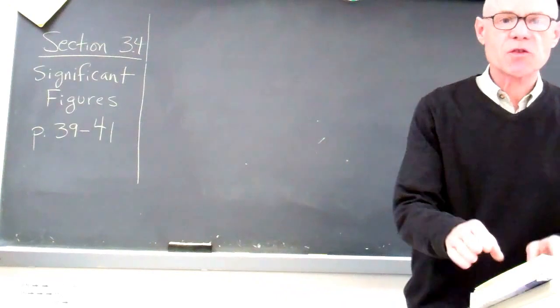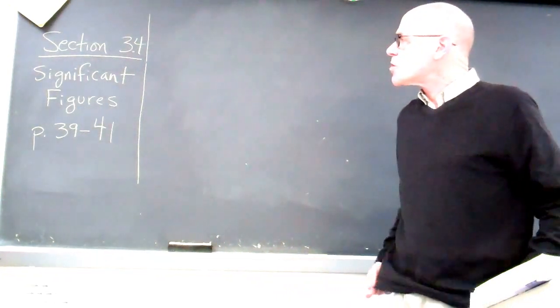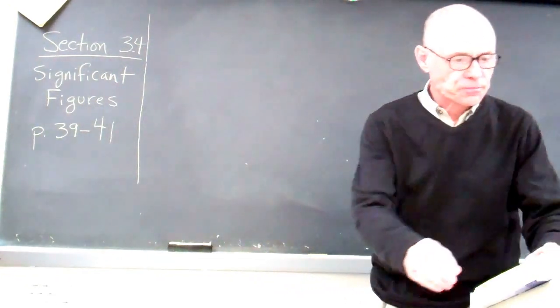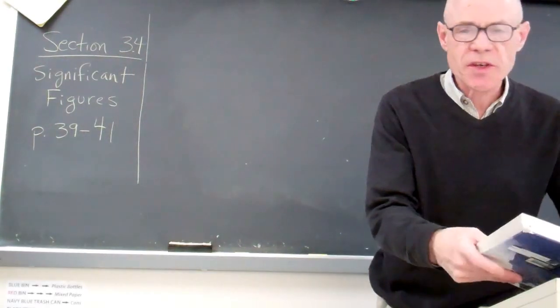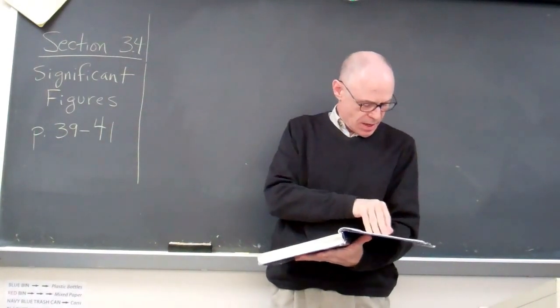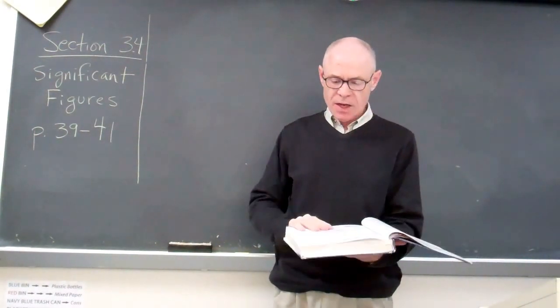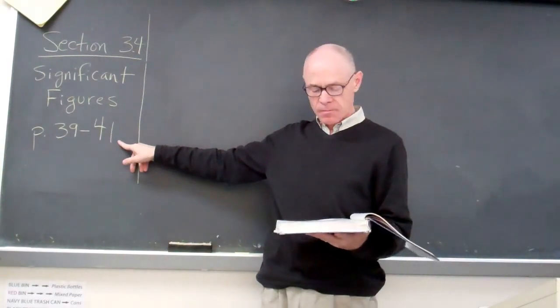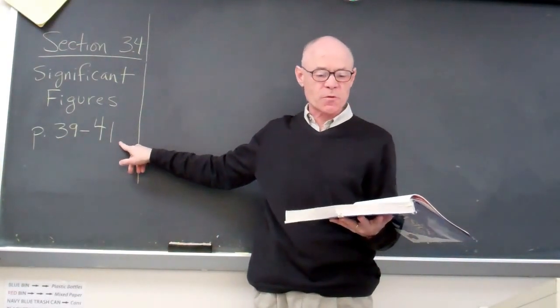Okay, so in this class we're going to be talking about significant figures. This is in section 3.4 in the textbook, and it starts at the bottom of page 39, and most of the content is over on page 40.